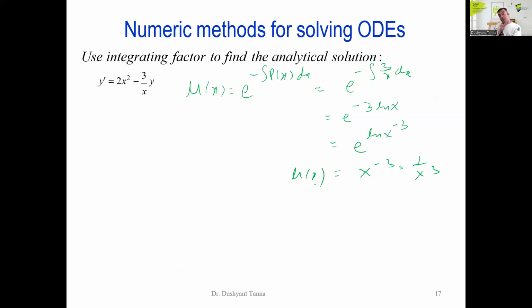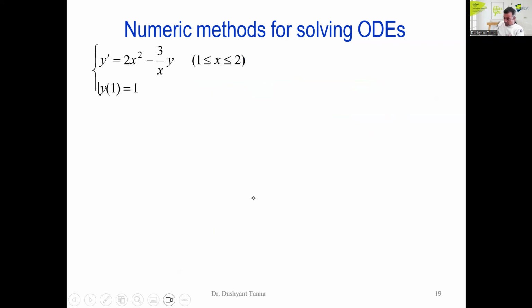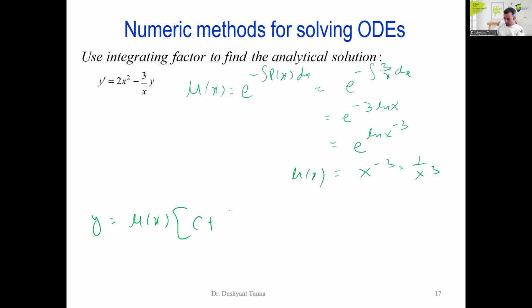Having got my mu of x, I'll talk about the solution y. y is equal to mu of x times c plus the integral of q of x over mu of x dx, right?